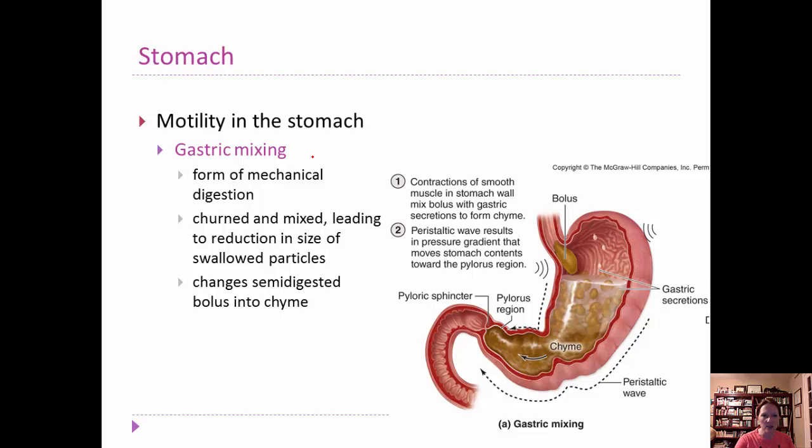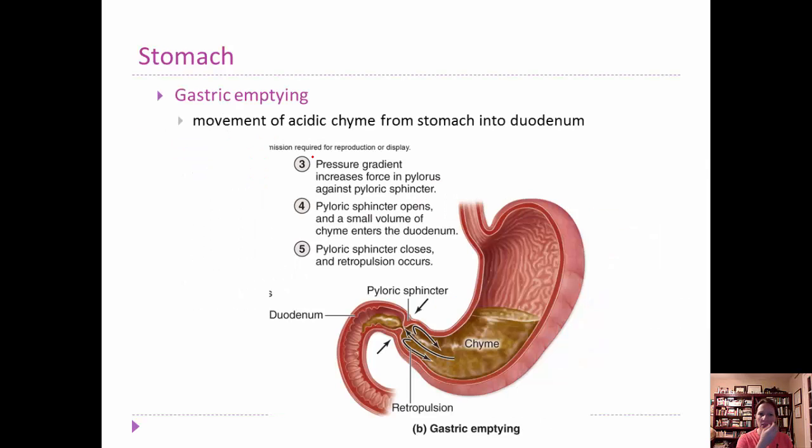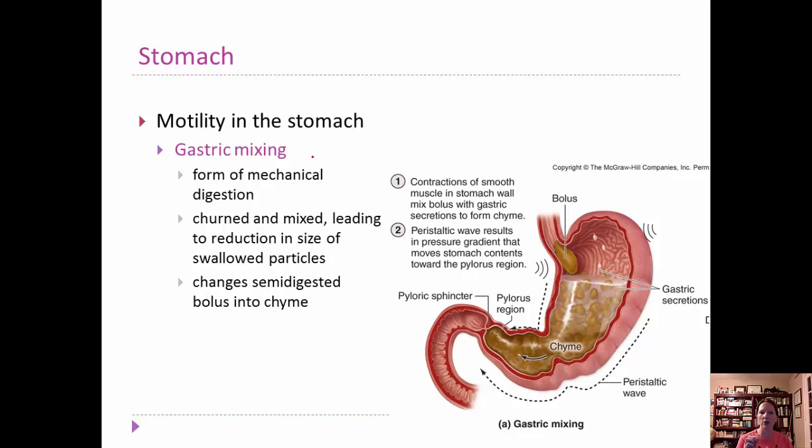The second motility in the stomach is gastric emptying. This is the movement of that acidic chyme from the stomach into the duodenum. If we go back, this is showing how the chyme is being mixed. And then you have those peristaltic waves that start to move down the body of the stomach towards the pylorus.